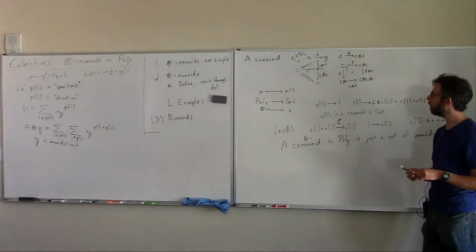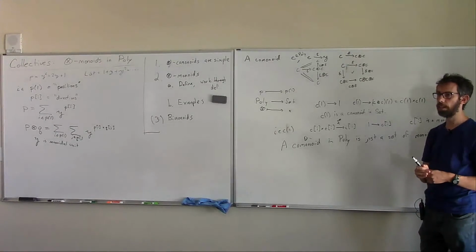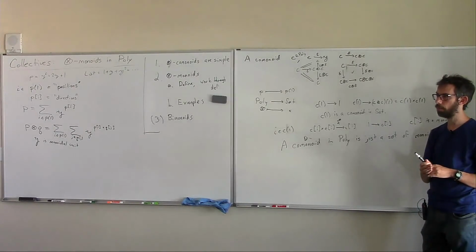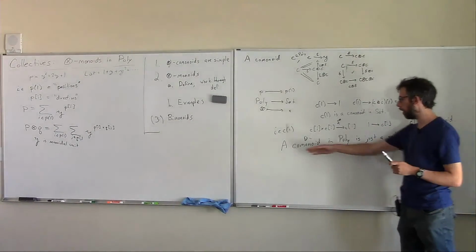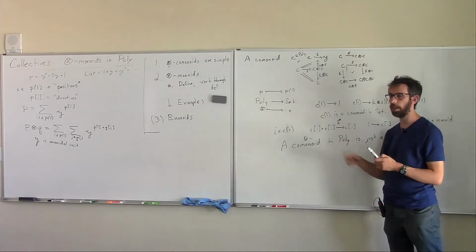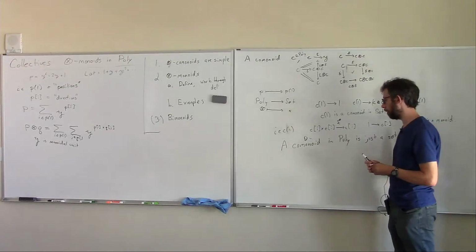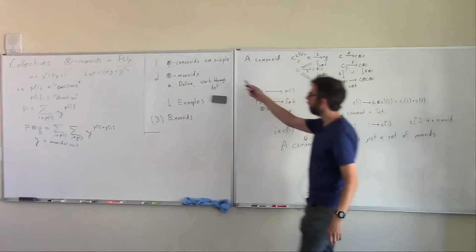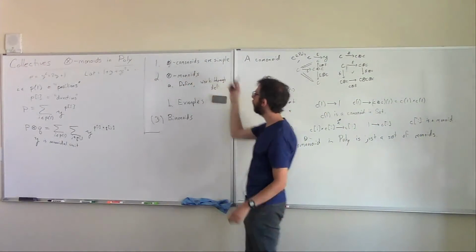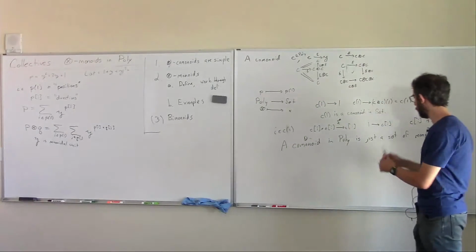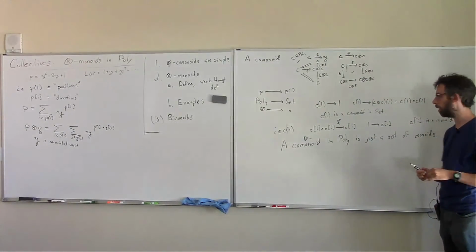And often it's good to think of polynomial functors as sheaves, and so this would be a sheaf of monoids. So if we weren't working in set, but in another topos, then this would give us sheaves of monoids. So since we're going to work in set today, tensor comonoids are simple. They're just a bunch of monoids. That's all they come out to be.